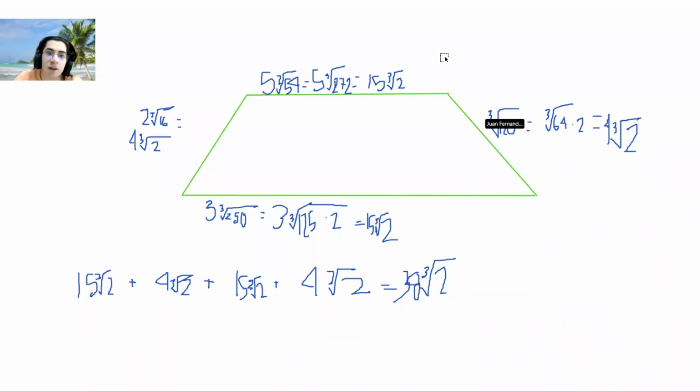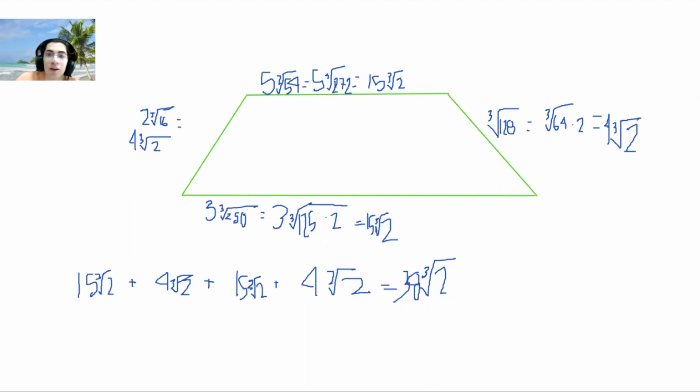Here you see that I have a trapezoid, and the upper side of the trapezoid is 5 cubic root of 54, that's equal to 15 cubic root of 2. The left side, I have 2 cubic root of 16, that is equal to 4 cubic root of 2.